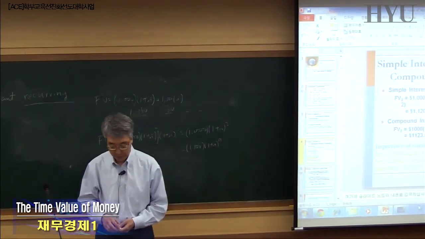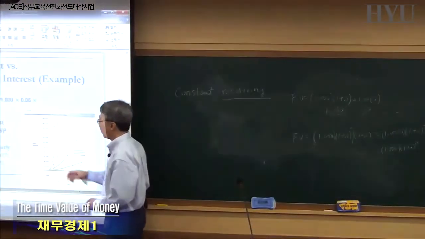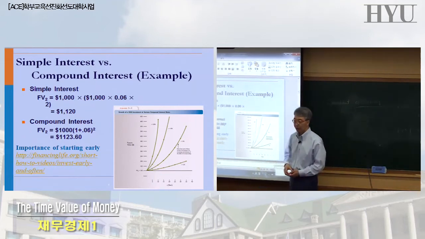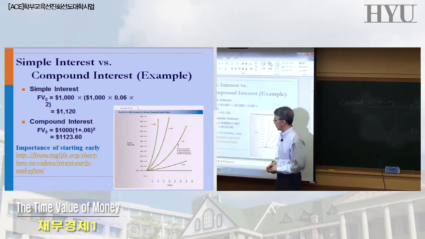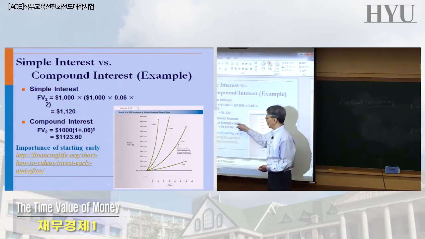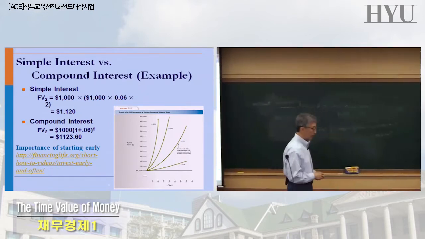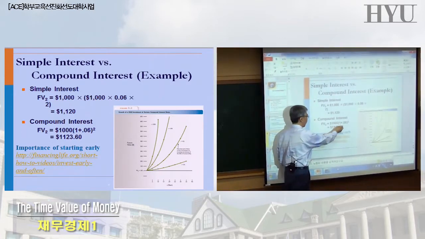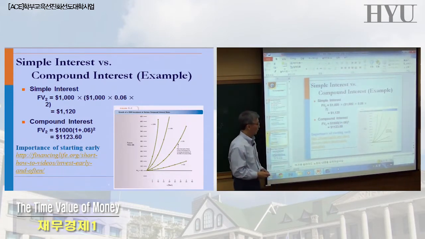Here's the example that I used already. In this example, the interest rate is 6%. So you earn $60 interest payment every year. After 2 years, your total balance would be $1,120. But if you leave it alone without withdrawing the interest payment, then you are earning compound interest. So 1,000 times 1.06 squared is $1,123.60.